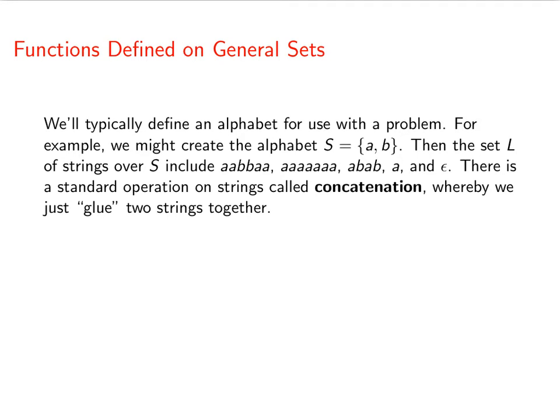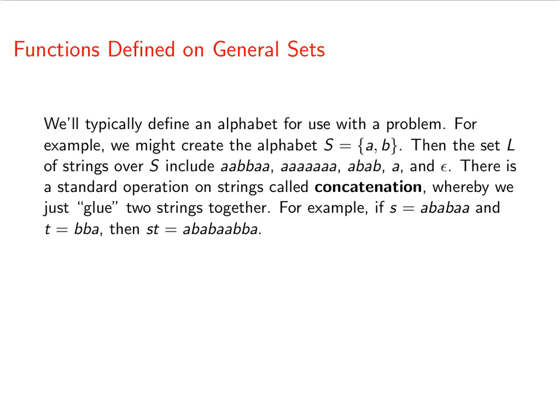All right, there's a standard operation on strings. It's called concatenation. And all you do is just glue the two strings together. So as an example, if S is equal to ABABAA, and T is equal to BBA, then by gluing them together, S goes first and then T, we get ABABAABBA.